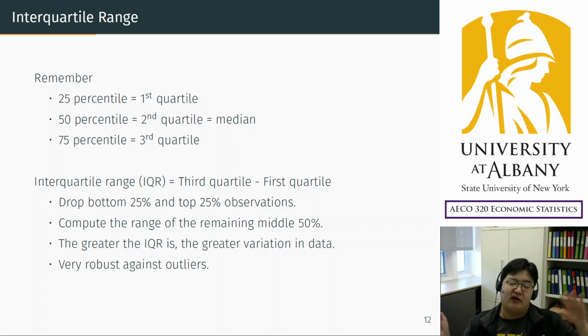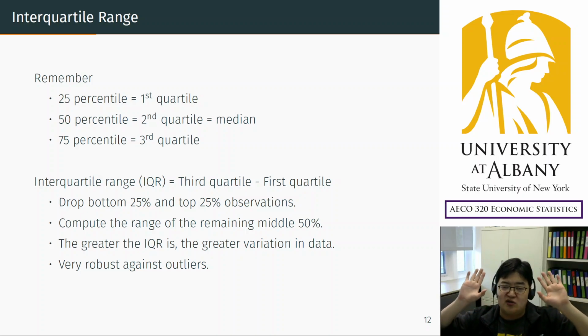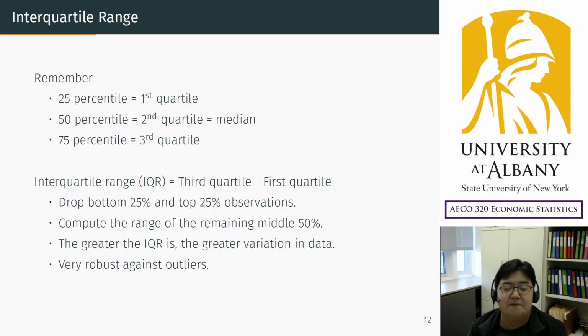No matter whether it's from the bottom or the top, we delete them first and then use the middle 50%. So it is much more robust, stable, and reliable against outliers.